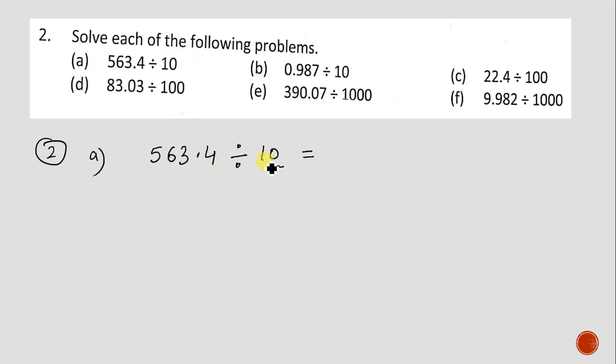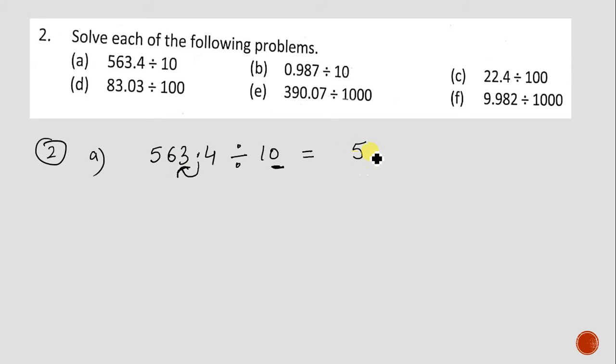I'm talking about the case of division by 10, 100 or 1000 and so on. How many zeros you have, that many decimal places you have to shift from right to the left. So here how many zeros we have? 1.